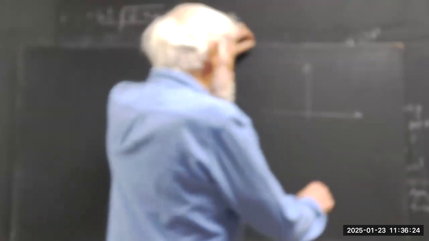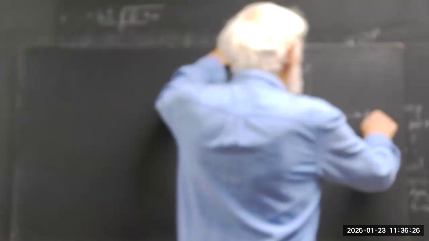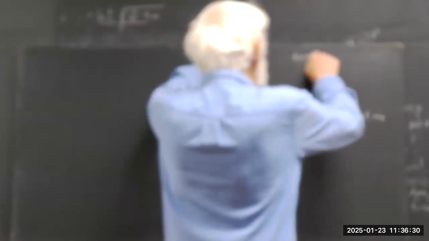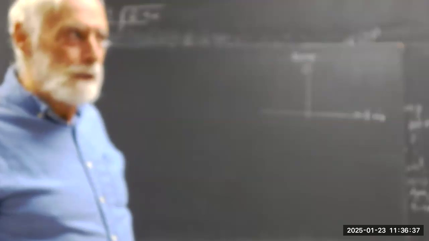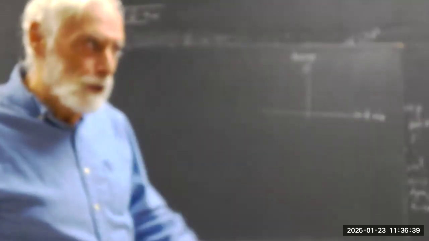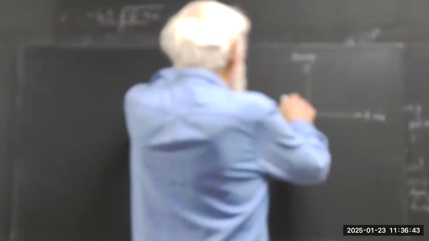I'm going to draw a couple of shapes. Okay, where this is time, and this is temperature. Okay. And you can do the same thing. And I'm going to say that here's room temperature.